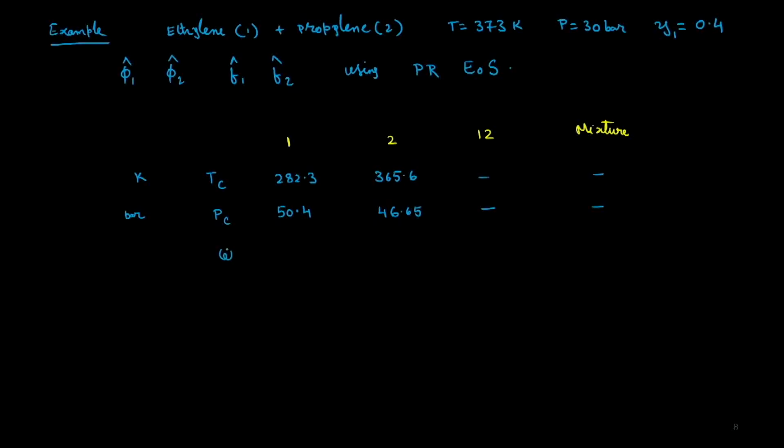Then the acentric factor omega is 0.087 and 0.14. Using this Tc, I can get Tr as 1.321 and 1.02. I can get Pr as 0.595 and 0.643. In addition, I can get B.